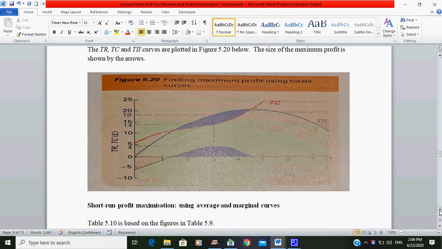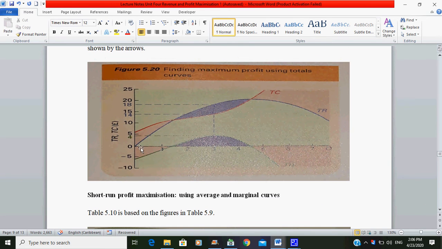Alright. Notice that this is a quantity, right? So plot quantity and total revenue, quantity and total cost.